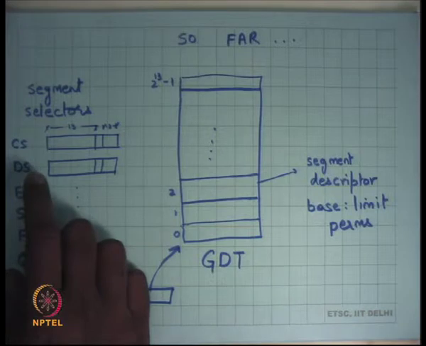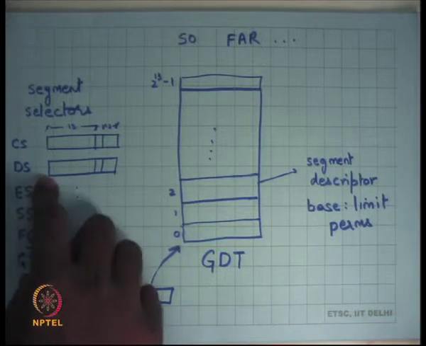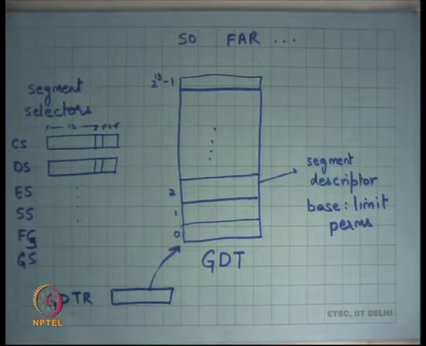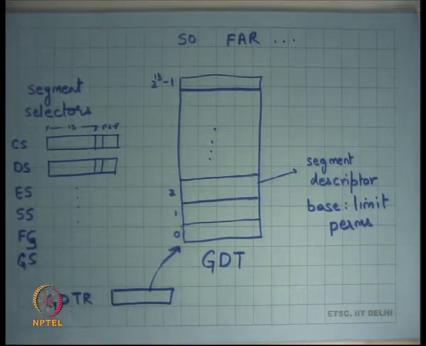If you are dereferencing regular data, the default segment will be the data segment, so you will use the DS register. If you are dereferencing the stack through ESP or EBP registers, then the default segment will be the SS register. So there are certain default segments, and you can also override them by explicitly specifying the segment register that you want to use for a particular address.